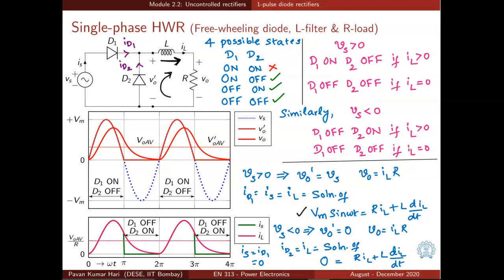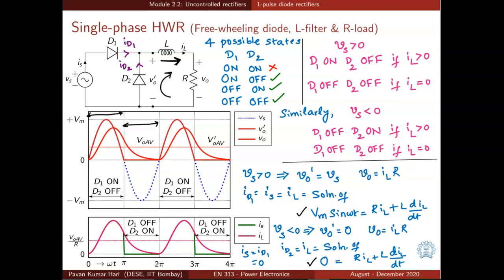So in the first half, from 0 to pi, the current is a sinusoidal plus exponential as shown by the solution that we have written earlier. And in the second half, from pi to 2 pi, the current is a pure exponential fall because it is a solution of this particular differential equation.